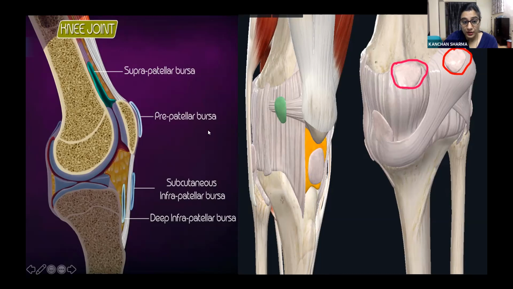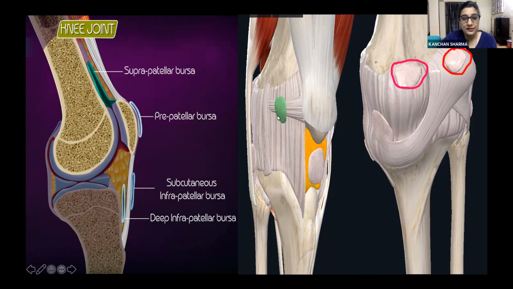Inflammation of this bursa is very, very important. This we call housemaid's knee bursitis, and this is clergyman's bursitis. If you have the inflammation here, we call it clergyman's, and if it is here, that is housemaid's, because they will be kneeling down and you will have the constant rubbing action on this bursa. It will get enlarged, and that condition we call housemaid's bursitis.